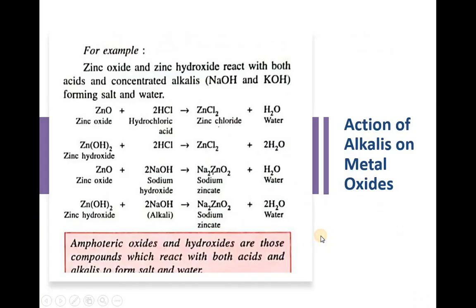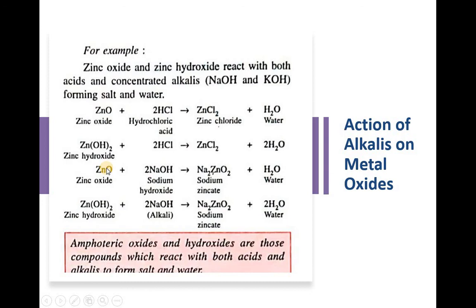But in the case of zinc oxide, aluminium oxide or lead oxide, they react with both acid as well as alkali or bases. Like zinc oxide, when it reacts with HCl, gives zinc chloride and water. Zinc hydroxide, when it reacts with HCl, gives zinc chloride and water.